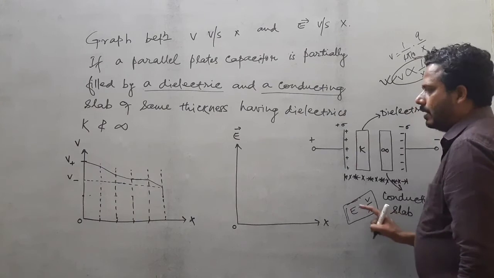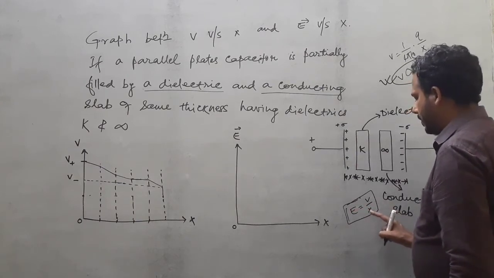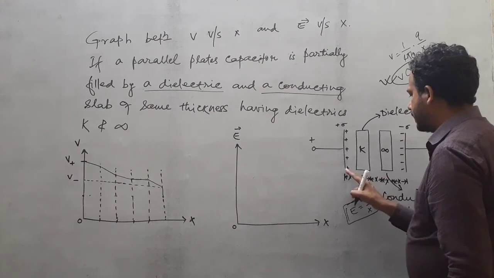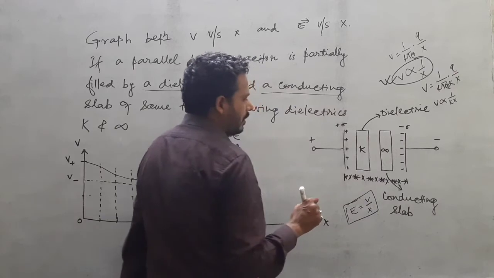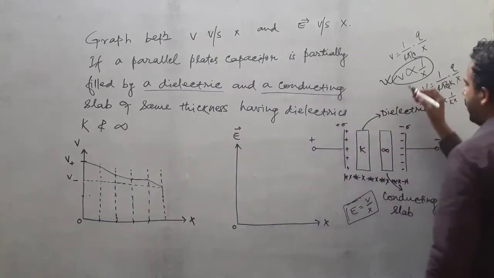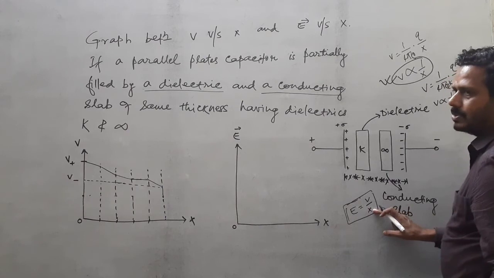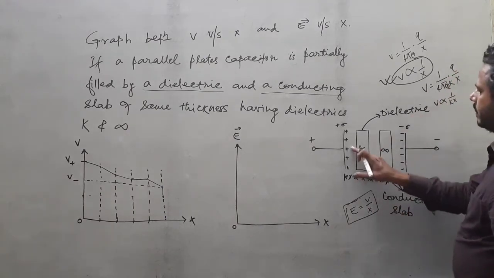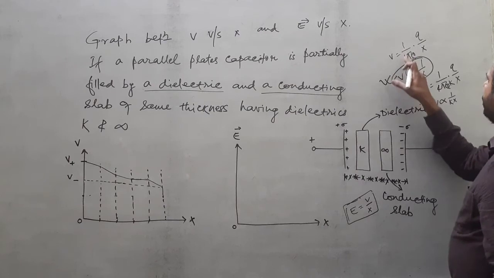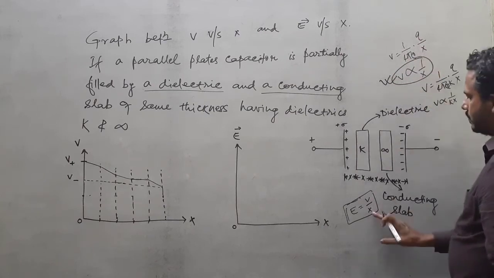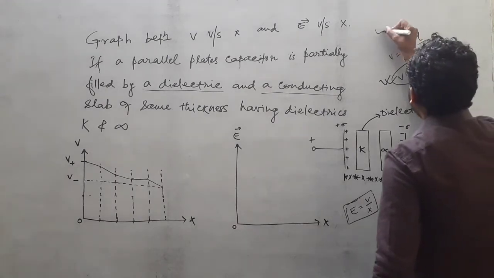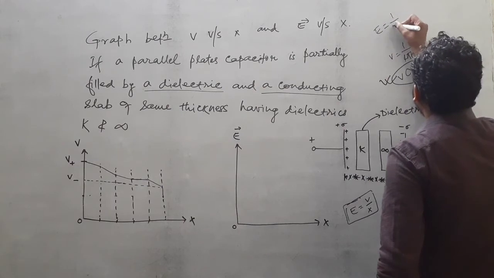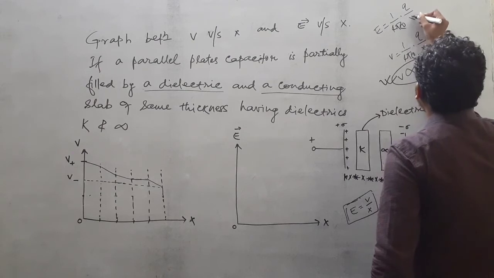So accordingly, if you want to use this relation, what happens? From here to there, how much is your electric field? Electric field is potential by separation. So your potential for this free space is 1 by 4 pi epsilon naught q by x, and there is 1 x. So your electric field will be simply E is equal to 1 by 4 pi epsilon naught q by x square.